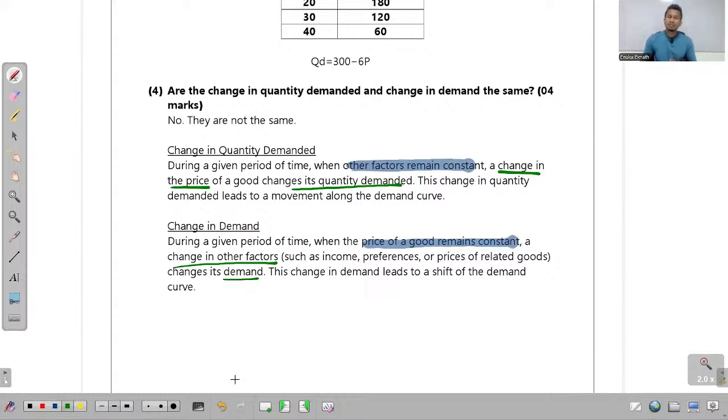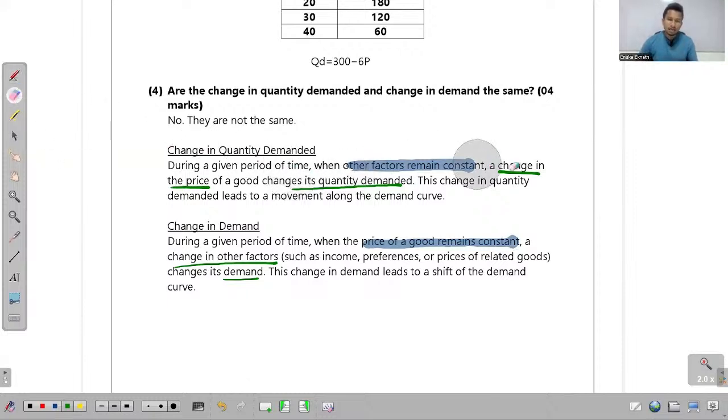That's the difference. When it comes to the change in quantity demanded, only price changes and all the other factors remain constant. And when it comes to a change in demand, the price remains constant and all the other factors could change. Clear? So that's what you need to write mainly.